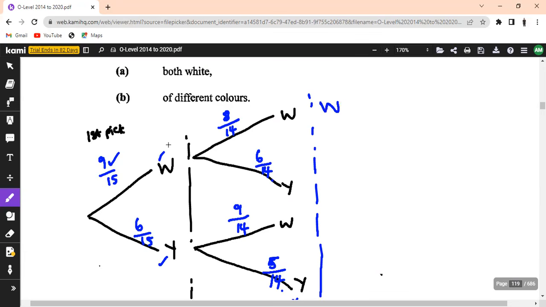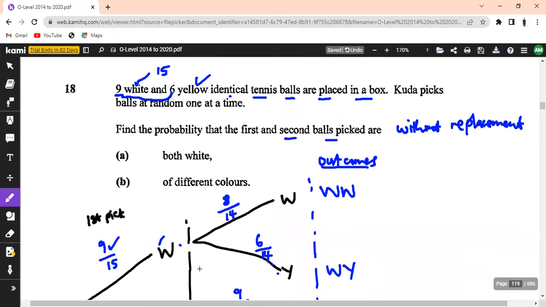And this is white, yellow. So this is going to be white, yellow, followed by yellow, white. And yellow, yellow, like that. So these are your outcomes that you're going to have in this case. All right. Now, the question is, where are we going to have the outcomes that are both white?